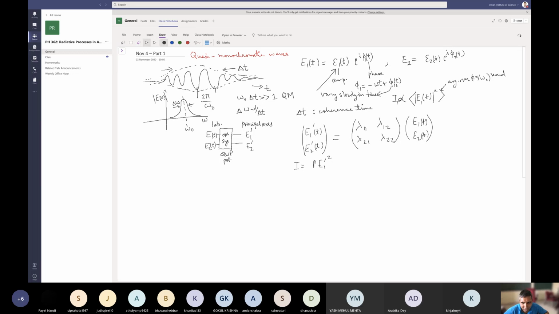So basically we have to take a real part of this, plus real part of E2 prime, and then do a square, and then we have to time average it over this fast variation. This is what the intensity would be.